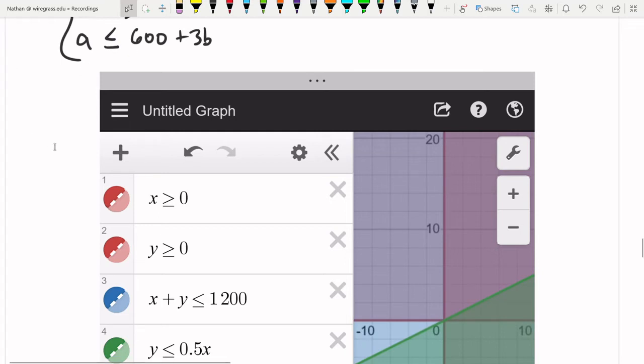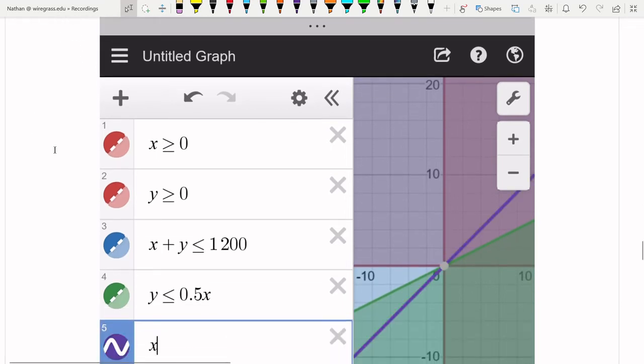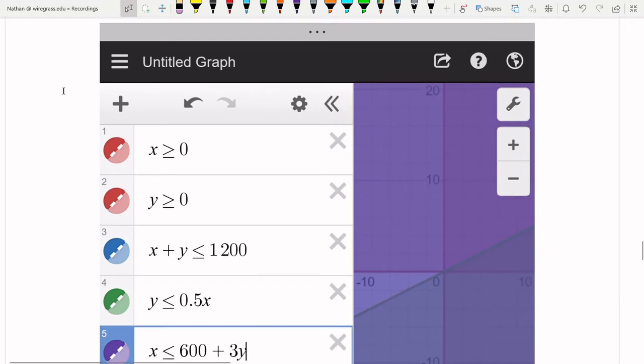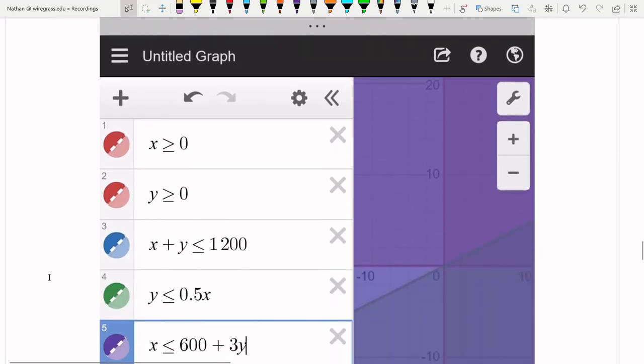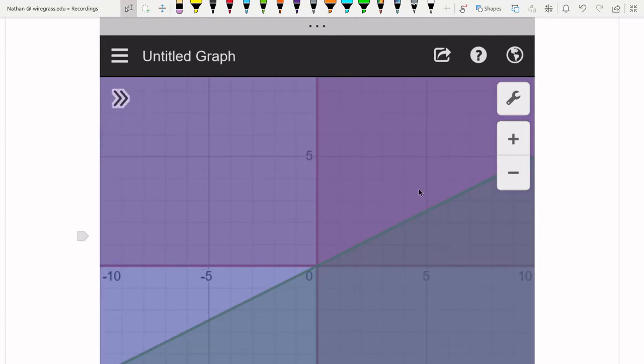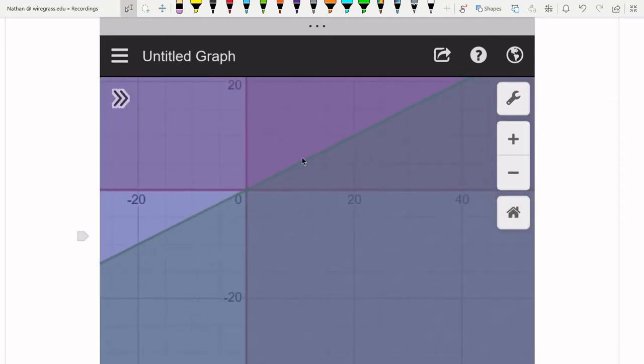And finally, this one says x must be less than or equal to 600 plus 3 times y. Again, I'm using x and y here, not a and b, because Desmos will not recognize a and b for the variables. That's the reason why we have to use this x and y portion.